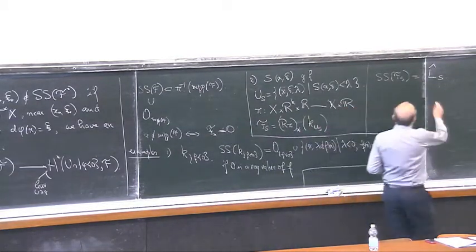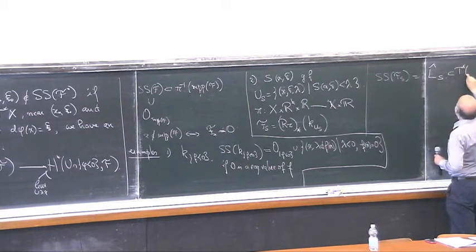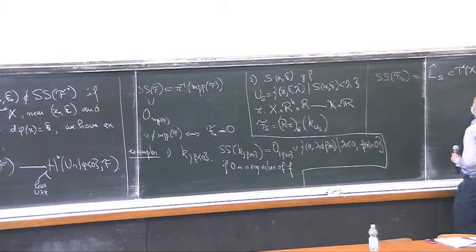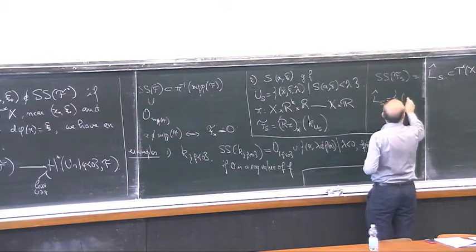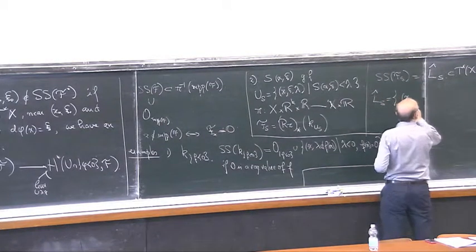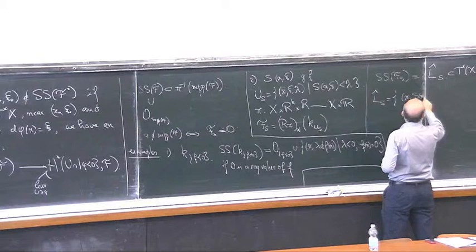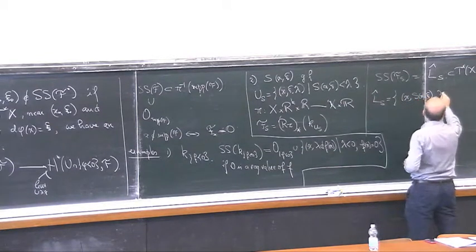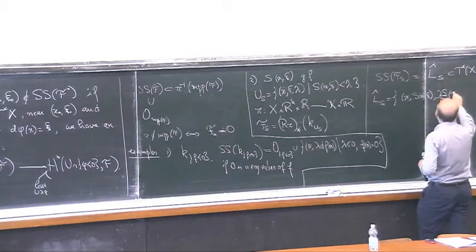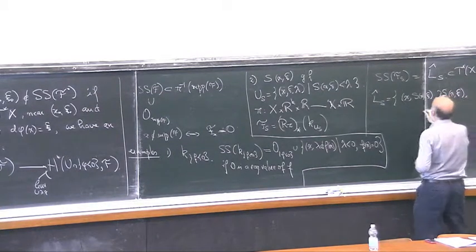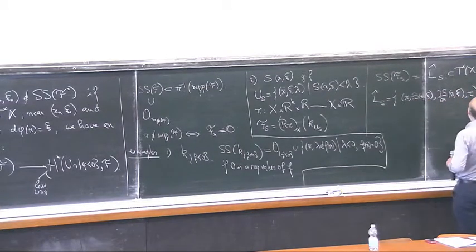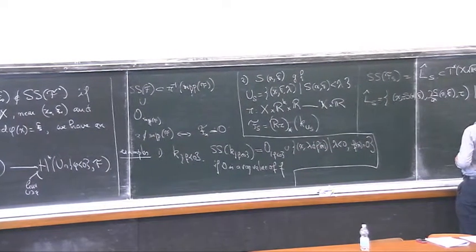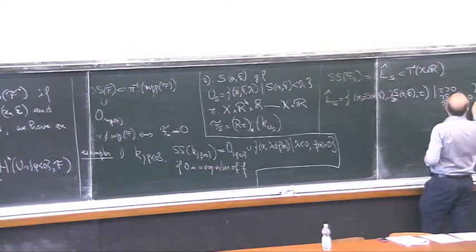So L hat S, by assumption, should be in T star of X times R. And so L hat S is just the set of points (x, S(x, psi), dS/dx(x, psi), tau) such that tau is positive and dS/dpsi(x, psi) is 0.